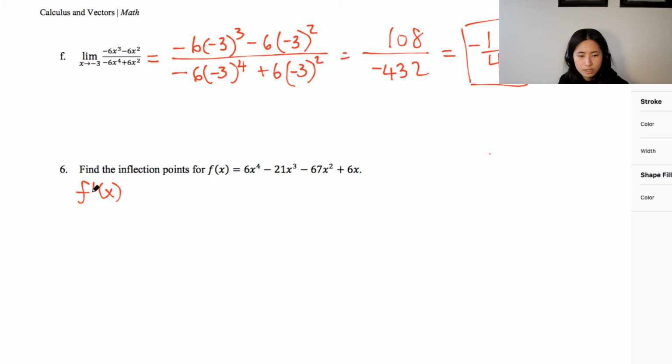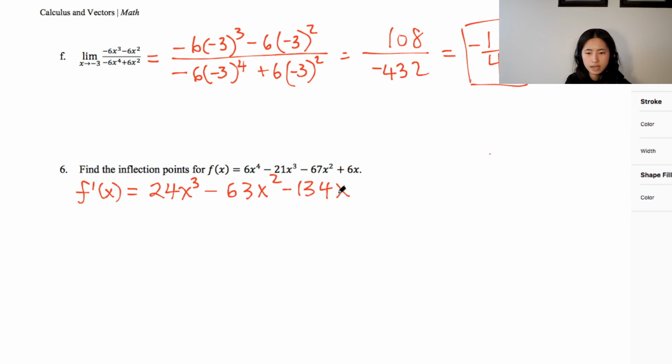So the first derivative: again, we're just going to apply the power rule. So this is 24x cubed, nothing new. Minus 21 times 3 should be 63x squared. And this is minus 67 times 2, so that's minus 134x, and this is plus 6.